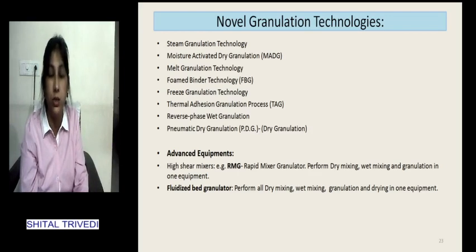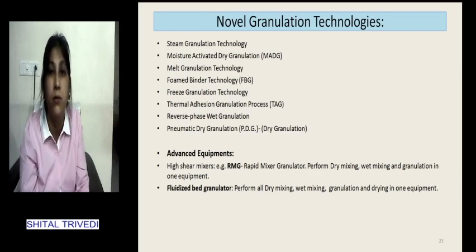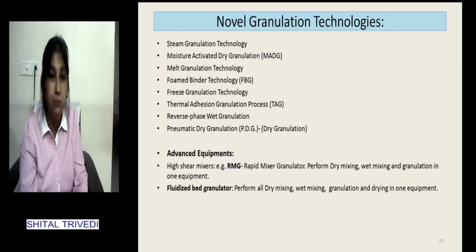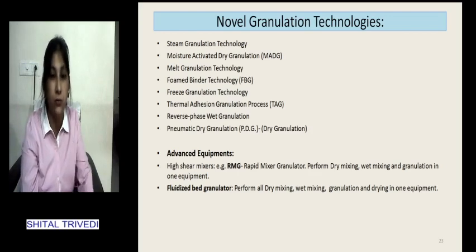Pneumatic dry granulation is a modification in the conventional dry granulation technology, done with the help of a roller compactor. Here an air classifier is attached, so that is the modification for ease of production.